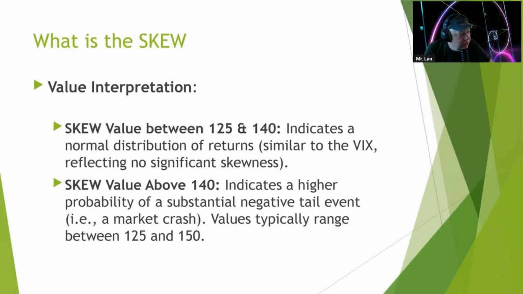All right. So this is very important. The SKEW value between 125 and 140 indicates a normal distribution of returns similar to the VIX, reflecting no significant skewness. The SKEW value above 140 indicates a higher probability of substantial negative tail event, i.e. a market crash. Values typically range between 125 and 150.